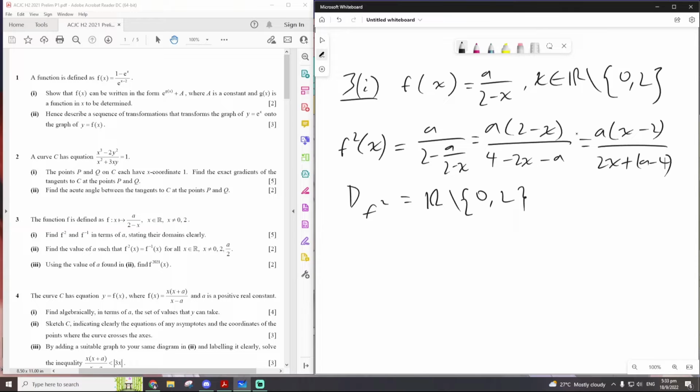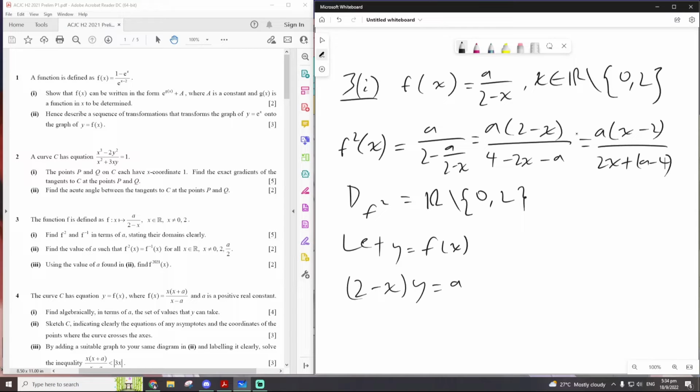Okay. Now we're going to find f inverse. Let y equal f of x. We're going to make x the subject. So 2 minus x, y equals a.